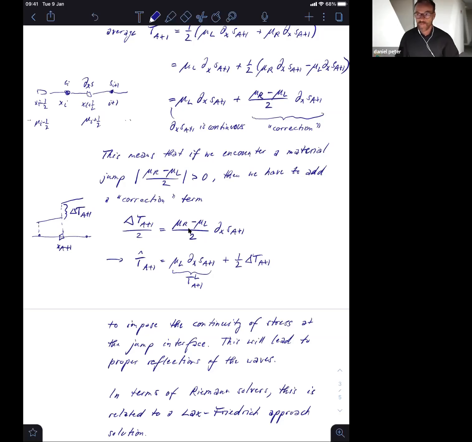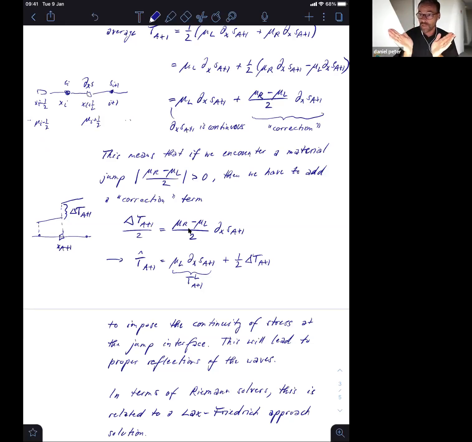But so in this finite volume world that we are solving this problem here, we would have this jump, and we would need to solve it in a way where we decide how much of the stresses of this discontinuity, of these jumps, would propagate.